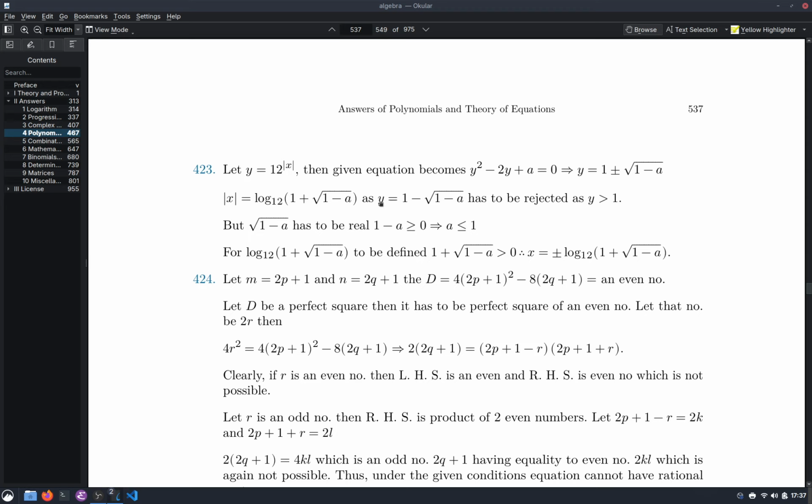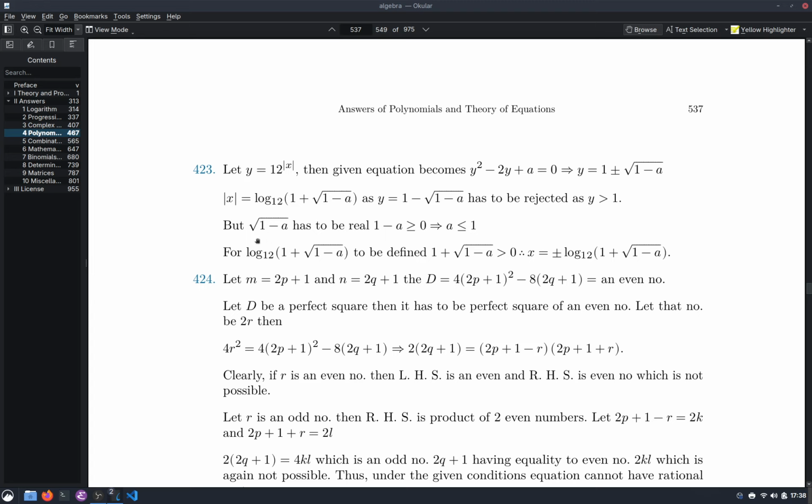Now in this case, y is equal to 1 minus the square root of 1 minus a has to be rejected as y is greater than 1. So you see, if we look at this, y has to be greater than 1 here. The reason is, if it is less than 1, then with base 12 it will be negative. On the left hand side it is a modulus, so this has to be positive. 1 plus square root of 1 minus a should be positive.